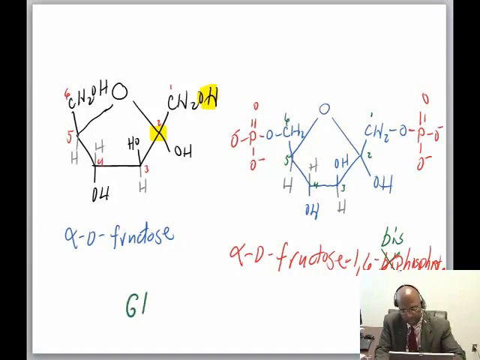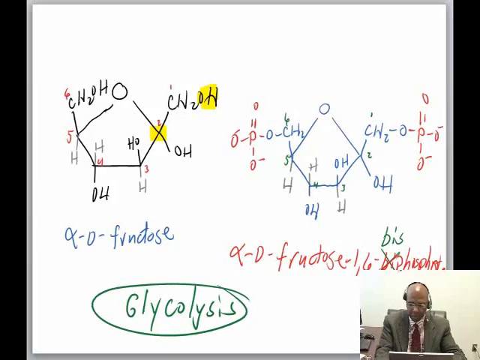This is a metabolite found in glycolysis. Alpha D fructose 1,6 bisphosphate, and it is a phosphoester. Okay. Now for our last, I'm going to go ahead and do the last one here.